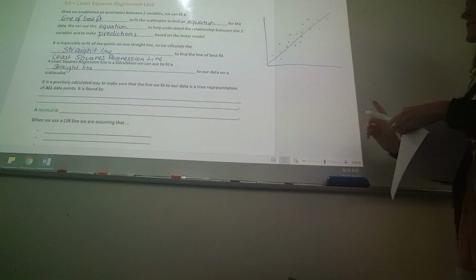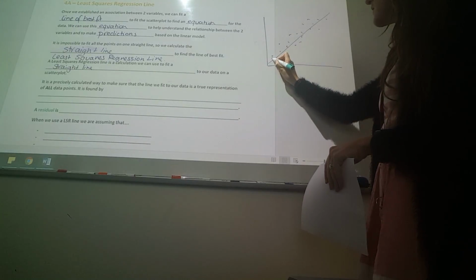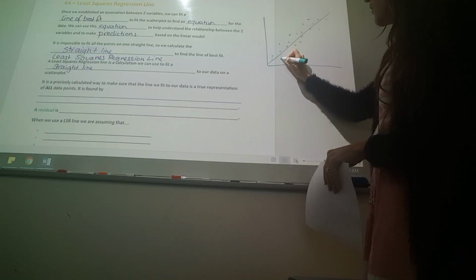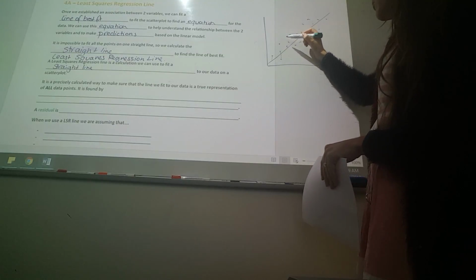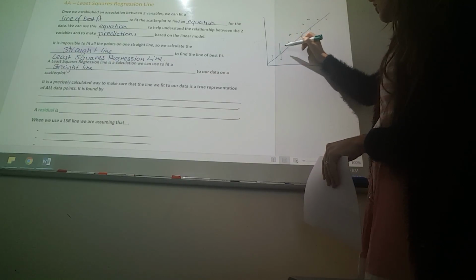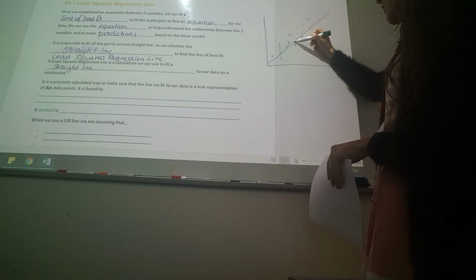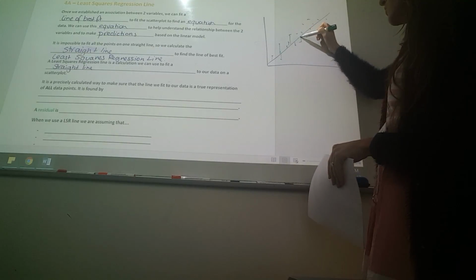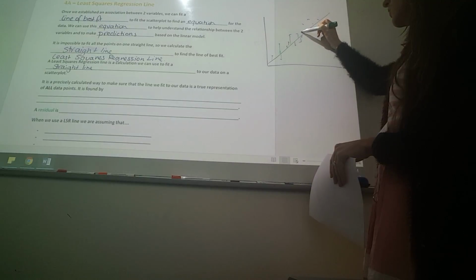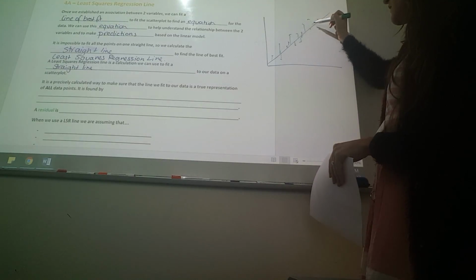What we have is the vertical distance of our data points to the line, and that is called a residual. So that's what these things are called.